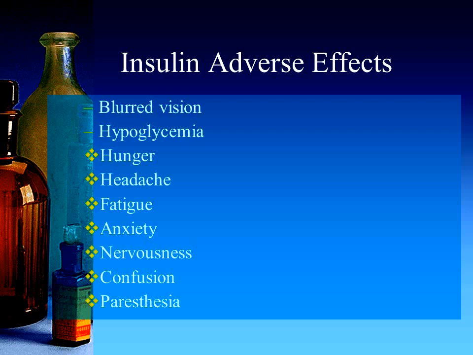You will see hunger, actually. Not enough sugar, you're going to get hungry. Headache, fatigue, anxiety, nervousness. And these are kind of progressive, because after the blood sugar goes low enough, then you will start to see confusion, and you may even see paresthesia, some loss of feeling.